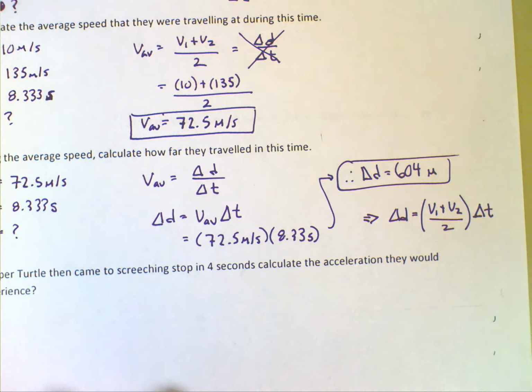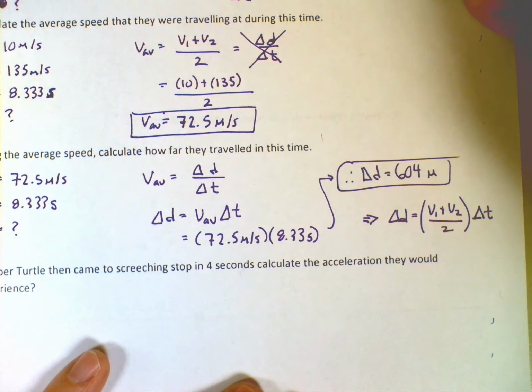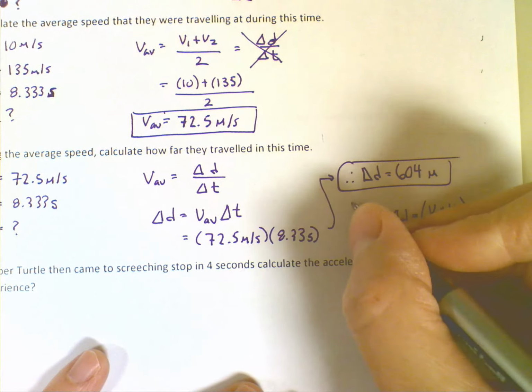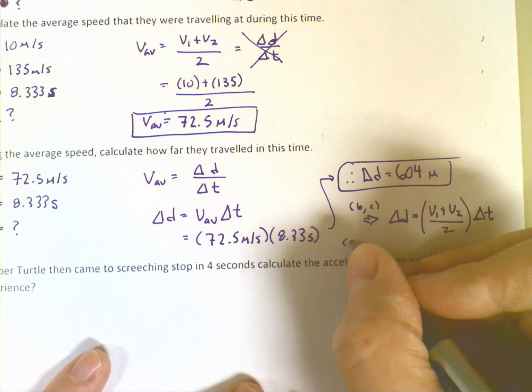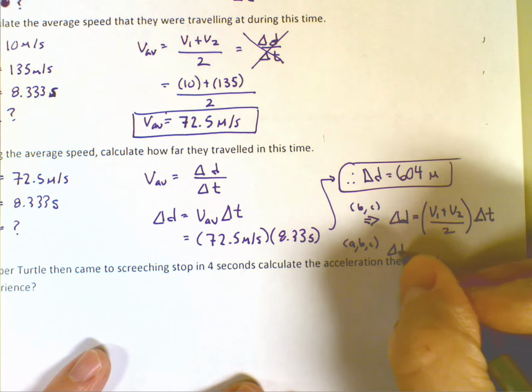If you really want to get fancy, you could have even combined steps A, B, and C together. So this is step B and C. You could have done A, B, and C together.